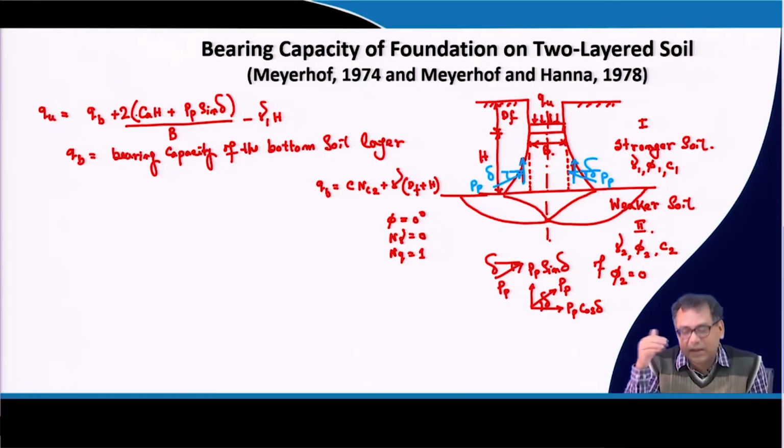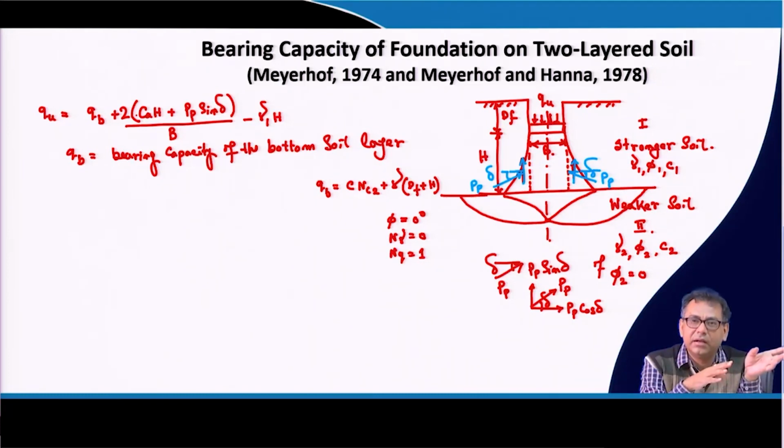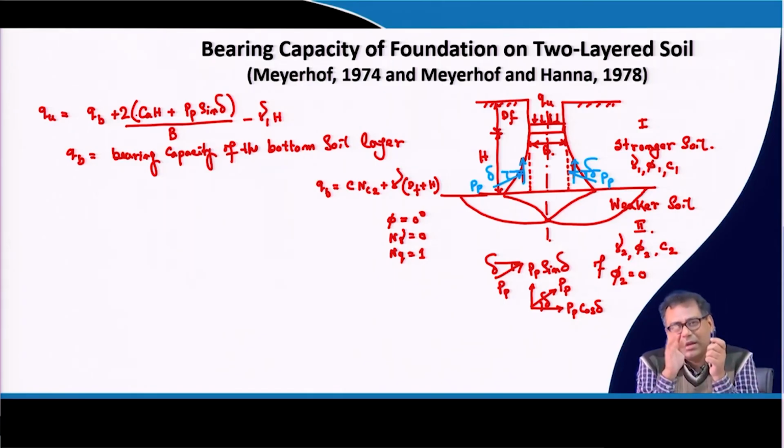Now, if I take it again during the QB calculation, we are basically taking the contribution twice: once as a surcharge to calculate the QB, and once as resistance calculation along the dotted line. So, it is recommended that we take the contribution only one time.